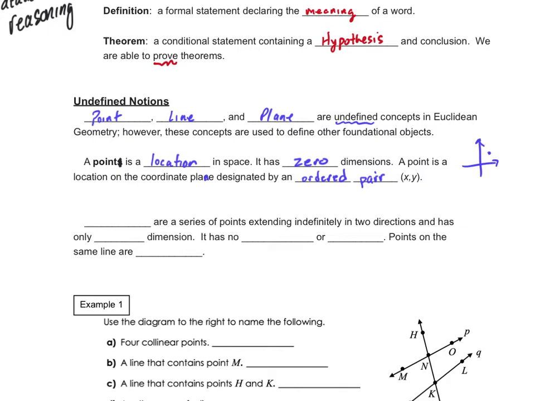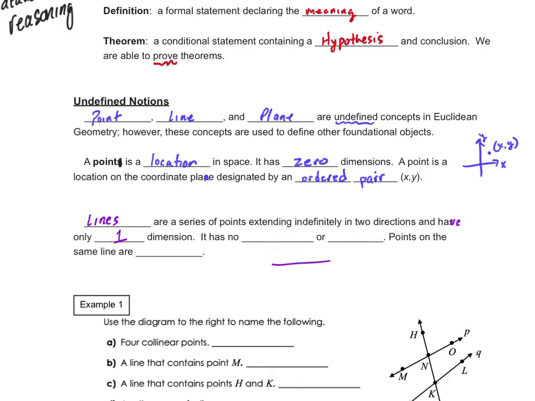And then we may have a point out there that's some xy coordinate, because that's what we were using in algebra and pre-algebra, when we started talking about the coordinate plane. And then we also have lines. And lines are a series of points extending indefinitely in two directions and have only one dimension, okay?